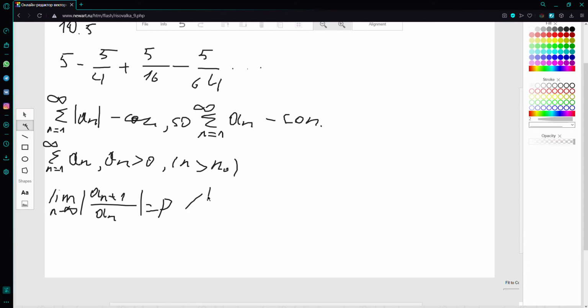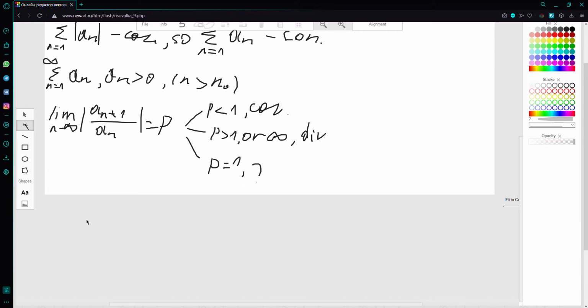First, if p is less than 1, the series converges absolutely. If p is more than 1, or infinity, the series diverges. If p is equal to 1, the test is inconclusive. We don't know actually what it will be.